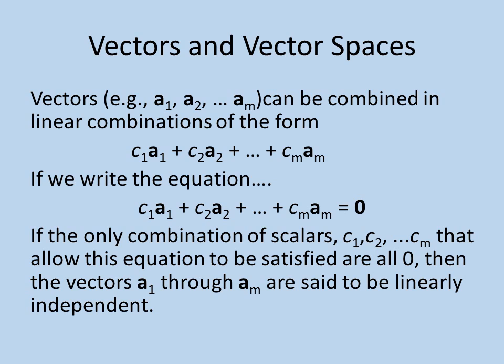If we write the equation so that they together sum up to represent the zero vector, and notice that the zero in that second equation is bold, so it represents the zero vector with all zero terms. If the only combination of scalars C1 through Cm that allows this equation to be satisfied are all zero, then vectors A1 through Am are said to be linearly independent.